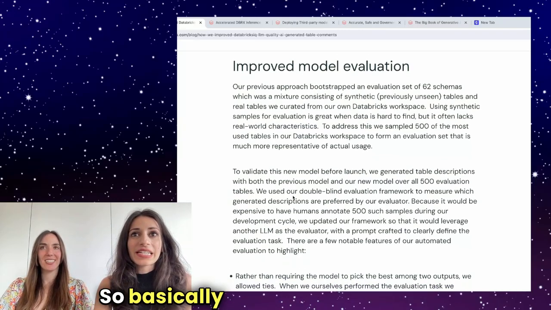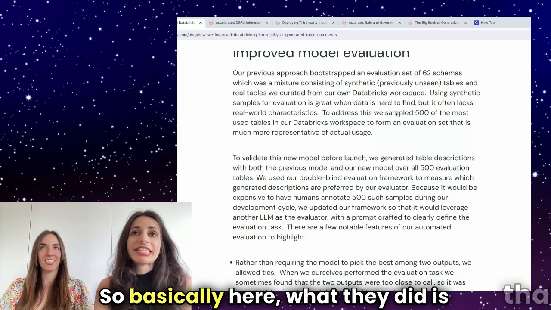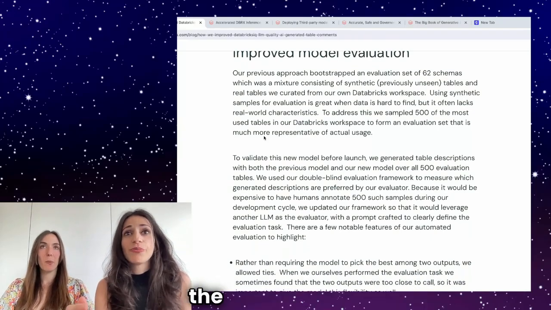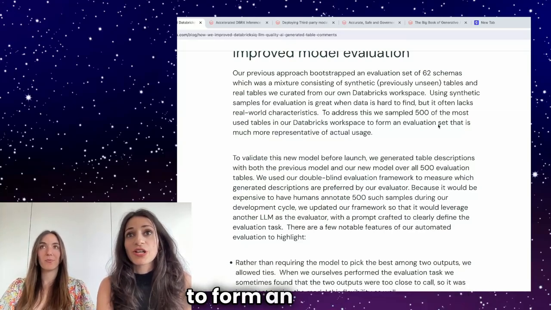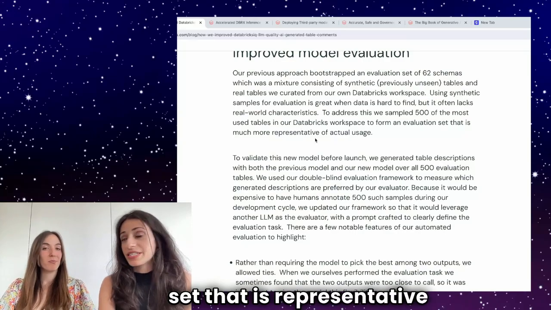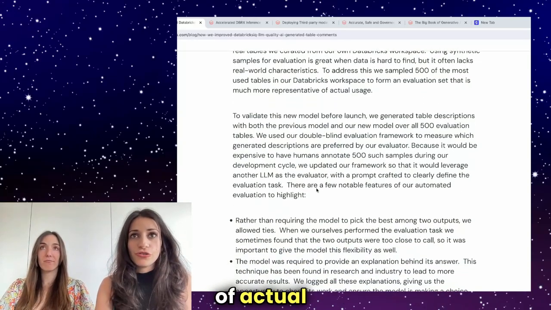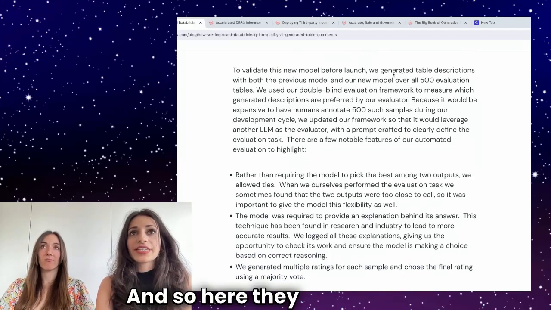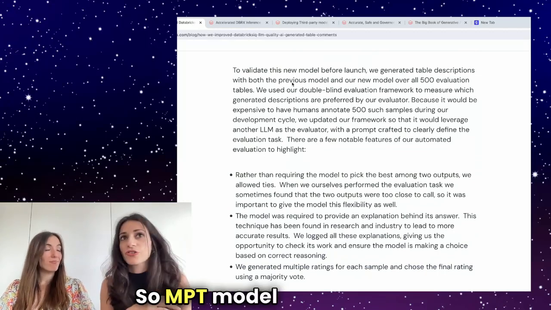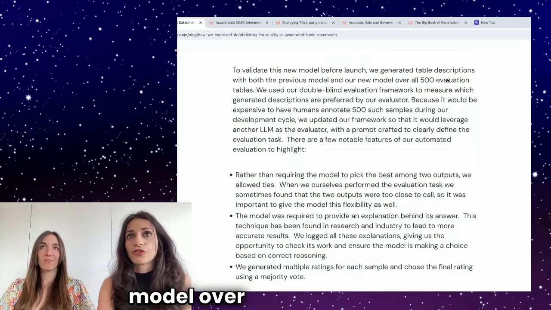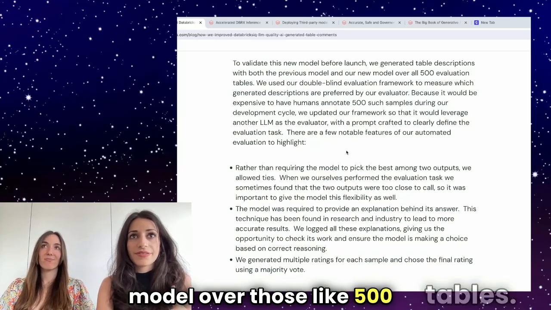So here they sampled 500 of the most used tables in that Databricks workspace to form an evaluation set that is representative of actual usage. They generated table descriptions with the previous MPT model and then the new model over those 500 tables.